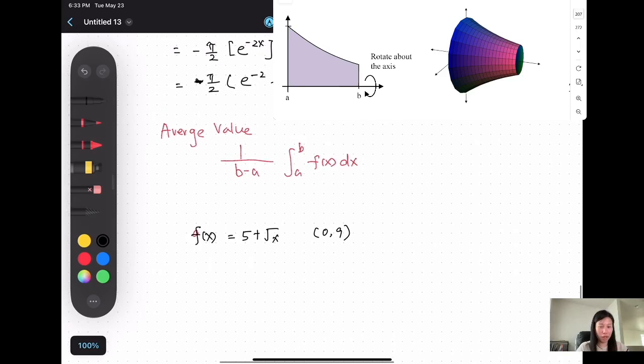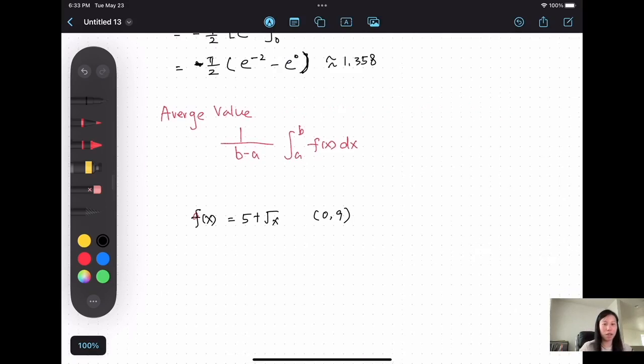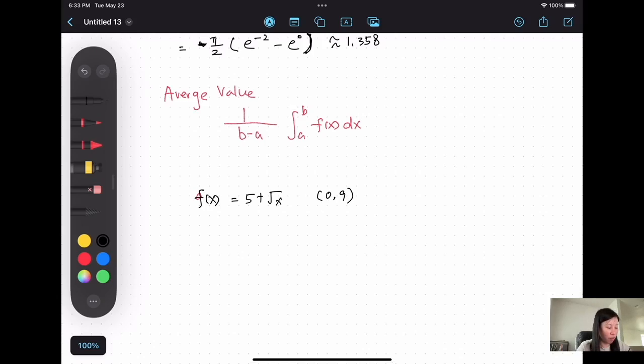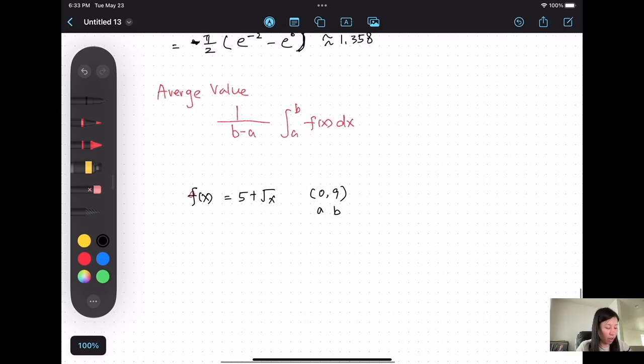So for this one we're using the formula from 0 to 9. I let a equal 0, b equal 9. So the average value is going to be 1 over 9 minus 0, times the integral from 0 to 9 of 5 times square root of x, which is x to the 1/2 power, dx.